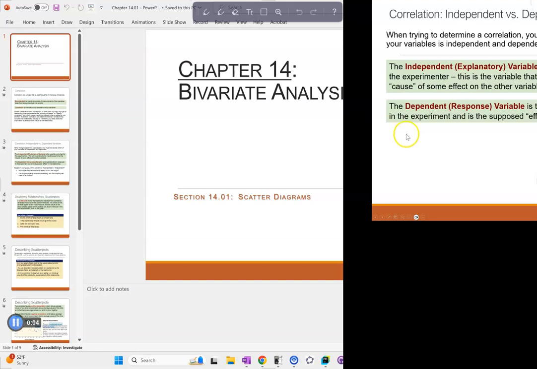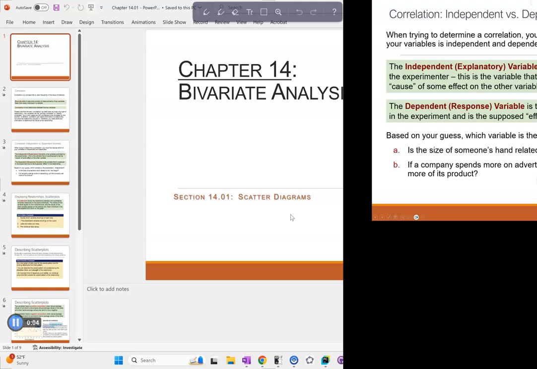All right, so let's look at a couple of examples, and we'll decide what the two variables are, and whether they're independent or dependent. So the size of someone's hand and their height. Which one is the independent, the cause, and which one would be the dependent, the effect?